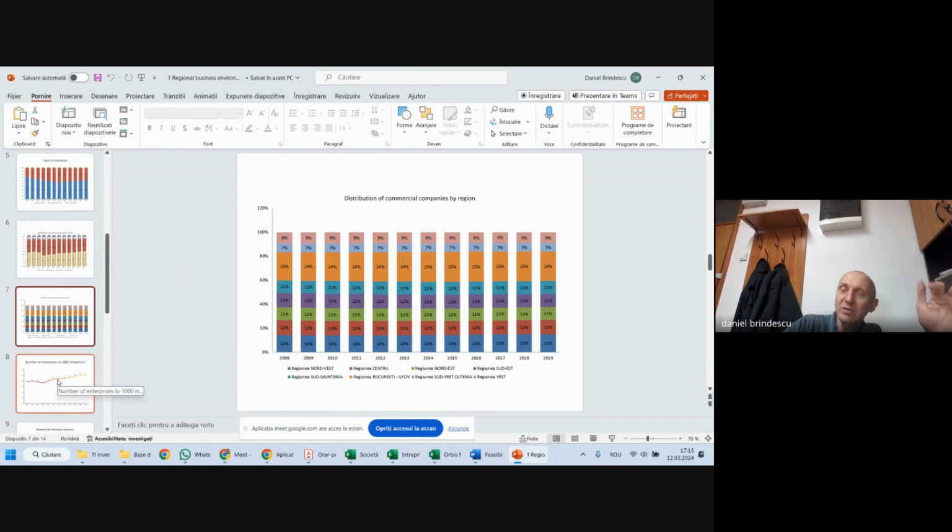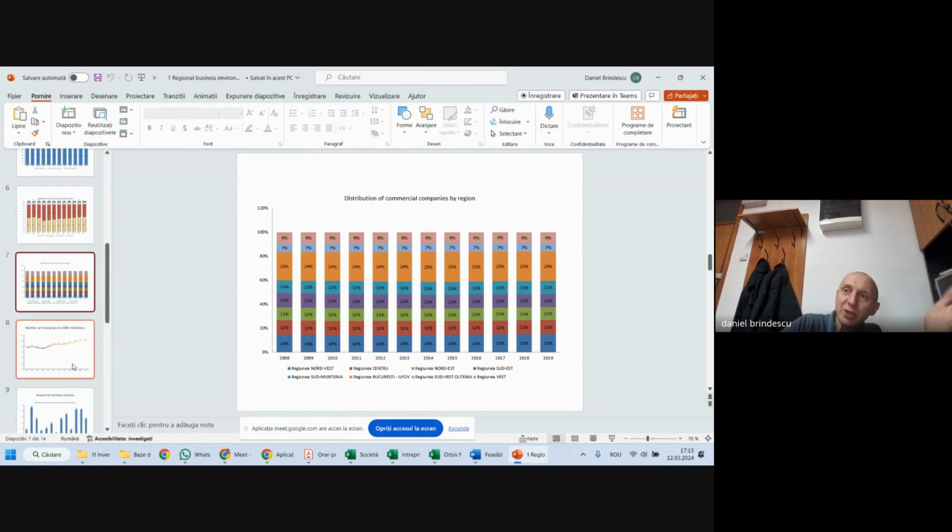Arad is on the second place, also well developed, but Caraș-Severin and Hunedoara are less developed from the economical point of view, and for sure with lower numbers of companies. So let's say with a greater potential, which is also why lately more funds are being pumped in Caraș-Severin and Hunedoara, so they would be helped in reaching, at least trying to reach, the level of development from Arad and Timiș.